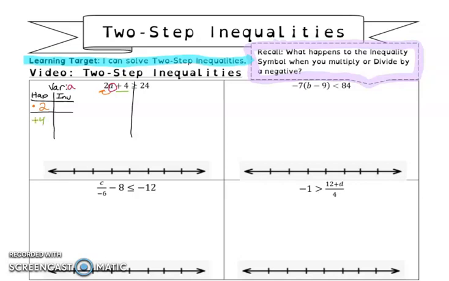Following our life cycle around, we have to remember, we're trying to start with the variable, the first thing that's happening, the second thing that's happening, and we're going to follow it around in a circle in the same direction. So the very first thing we need to undo is that plus 4. So the inverse or opposite of plus 4 is minus 4.